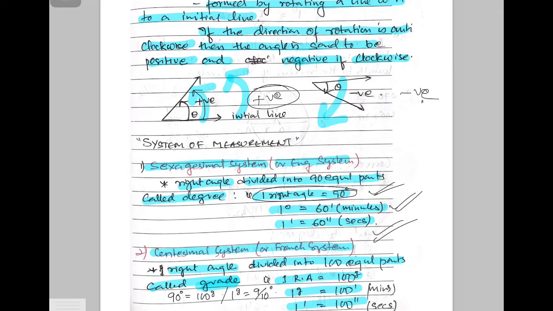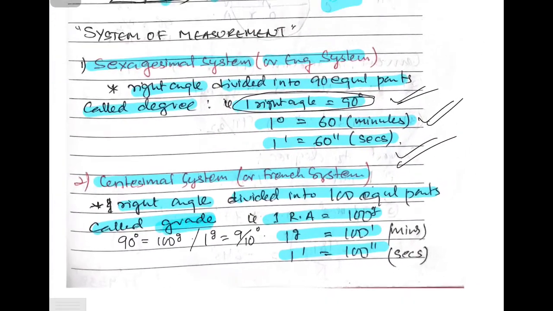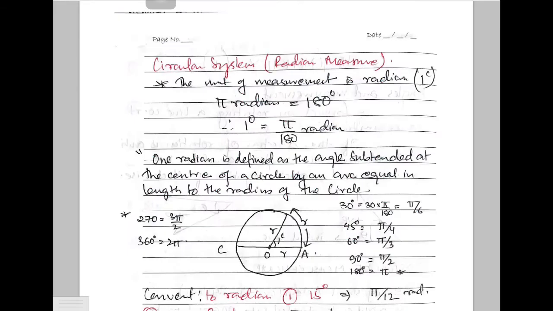A right angle is 90 degree, 1 degree is 60 minutes, 1 minute is 60 seconds. But the other system, which is very, very less used, the centesimal system, which we should be aware of, divides the right angle into 100 equal parts, and each part is not called a degree here. Instead it is called a grade. One right angle is 100 grade, one grade is 100 minutes, and 1 minute equals 100 seconds. That's the centesimal system.